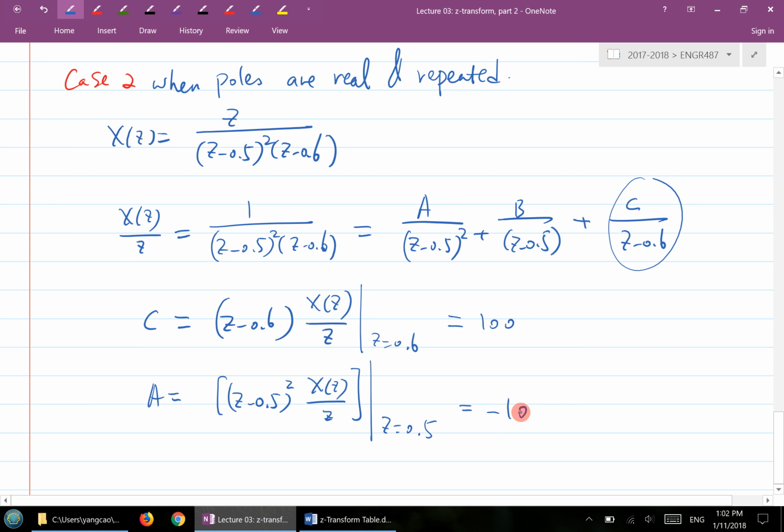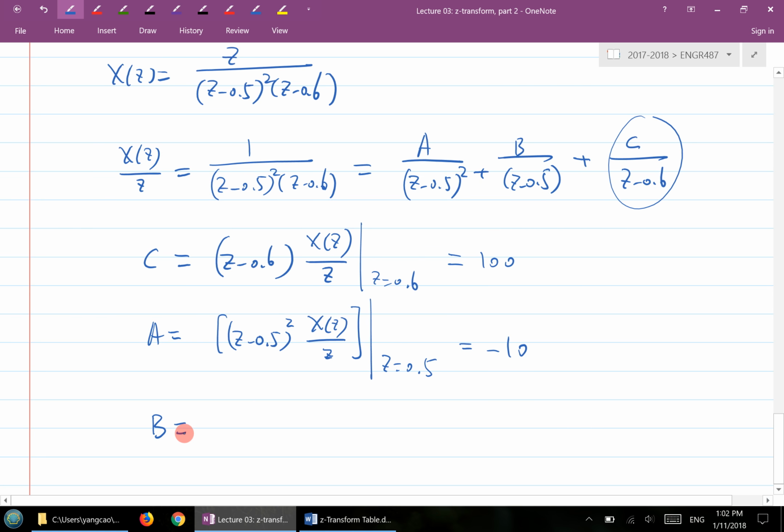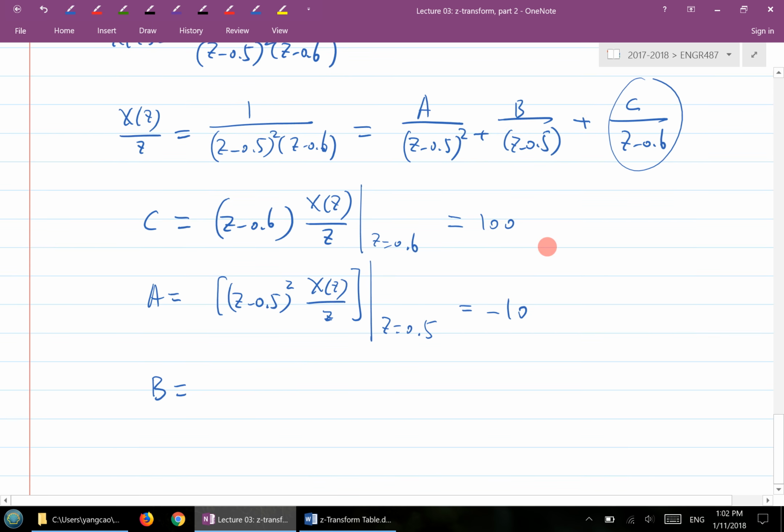Now the last one, which is the B one, this one you do need to remember a formula. It needs a little bit more computation. So what you do is rewrite the expression for the a here.